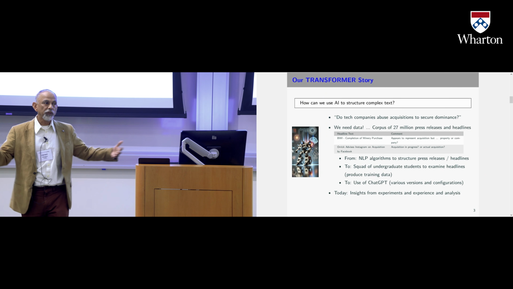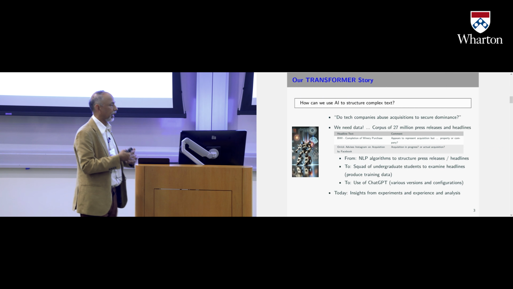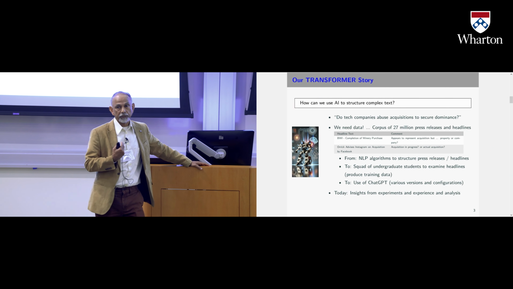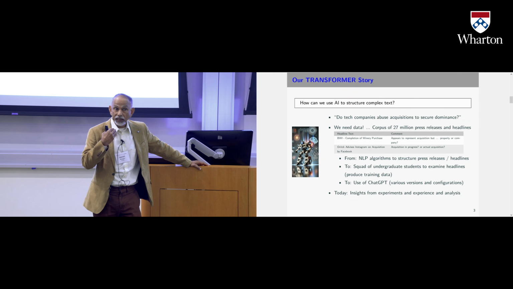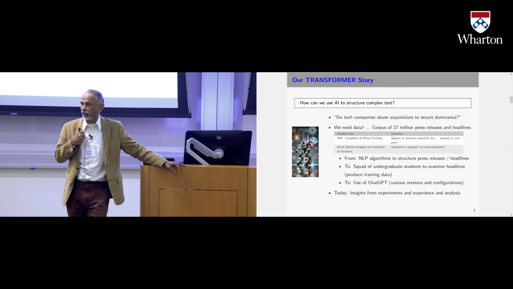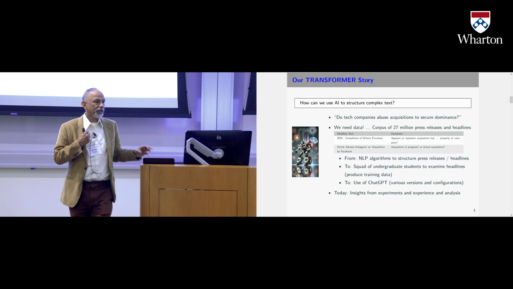So the question was how to take this mass collection, identify the ones that pertain to acquisitions in technology industries, and then discover and understand what's going on with them. You might think it's straightforward to look at a headline and determine that it's about a corporate acquisition. It turned out, and I'm not going to talk about that too much, to be a very complicated task, right?